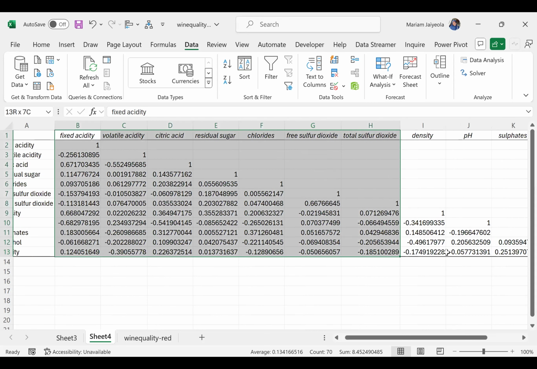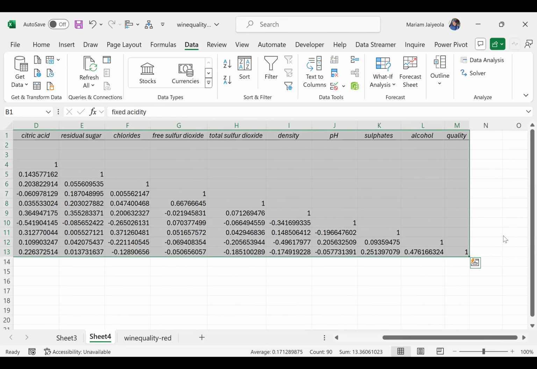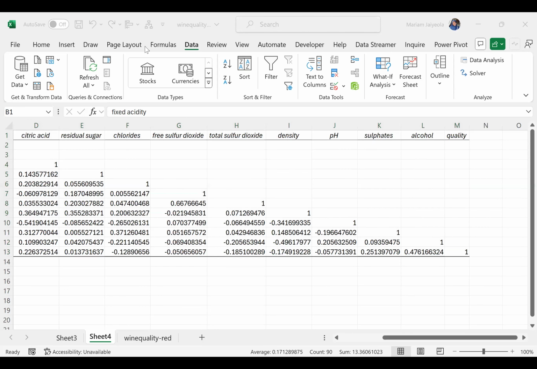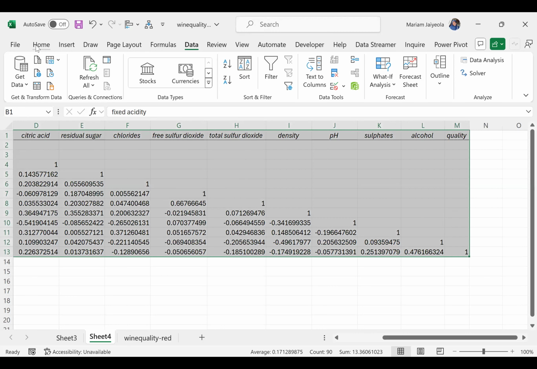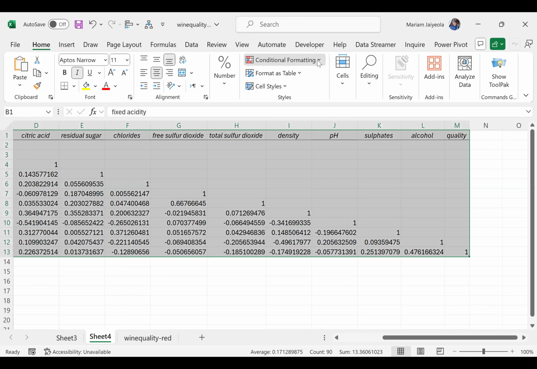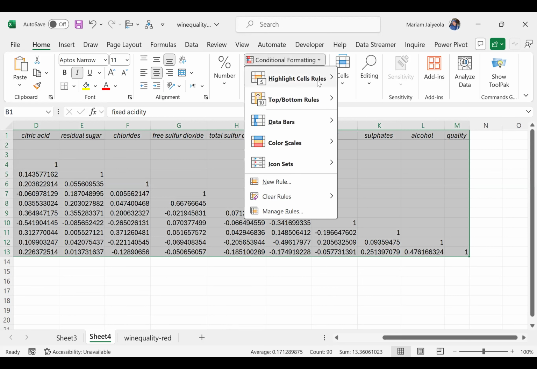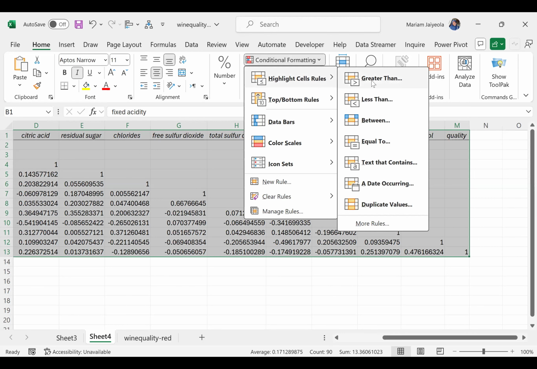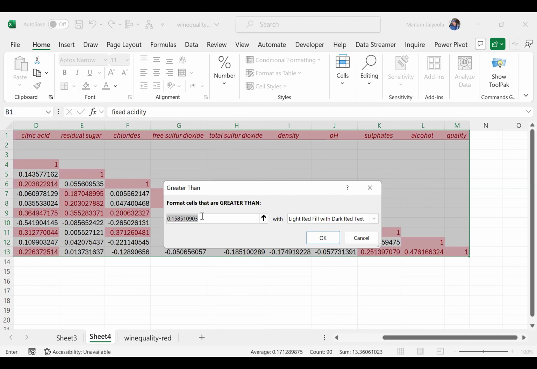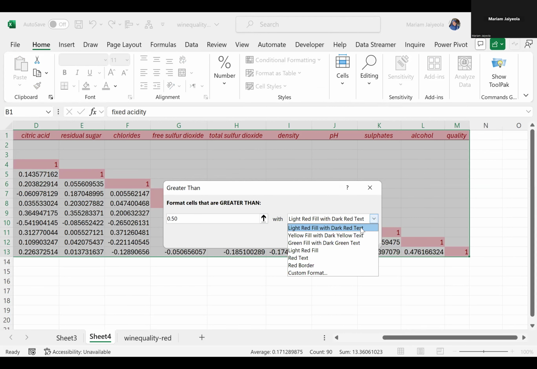For greater than 0.50, I wanted to give it a red fill, it's okay.